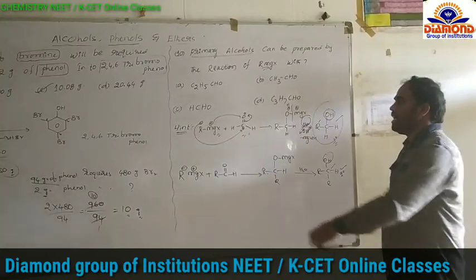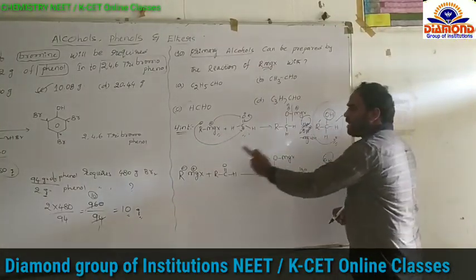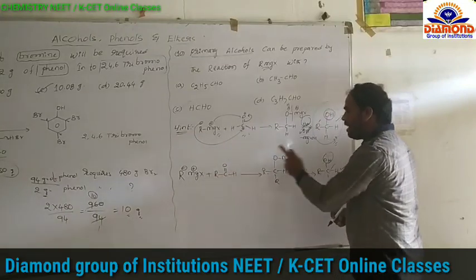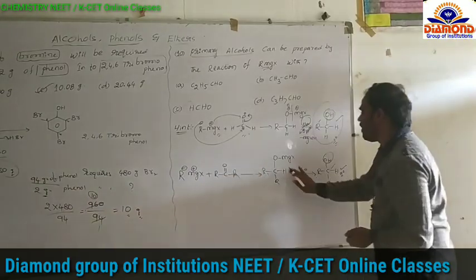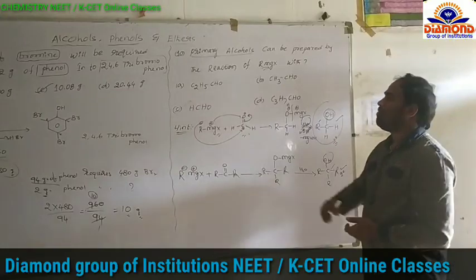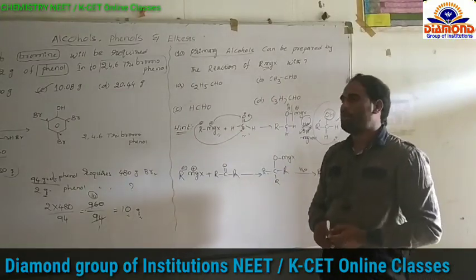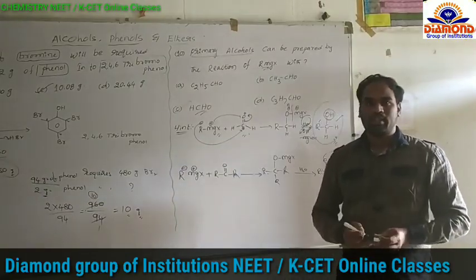That means, students, if Grignard reagent reacts with formaldehyde, it forms primary alcohol. If it reacts with aldehyde, it forms secondary alcohol. If it reacts with ketones, it forms tertiary alcohol. But what is our question? Primary alcohols are prepared from the reaction of Grignard reagent with formaldehyde. So this is the answer.